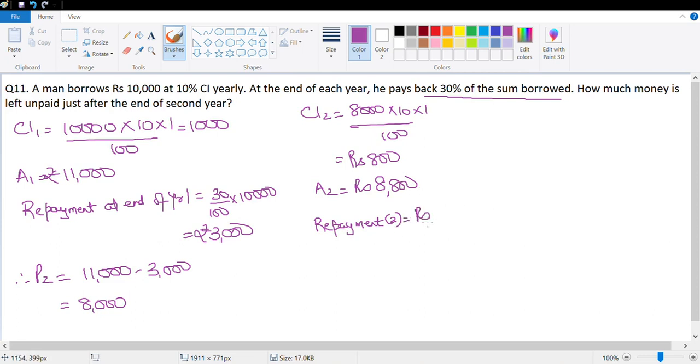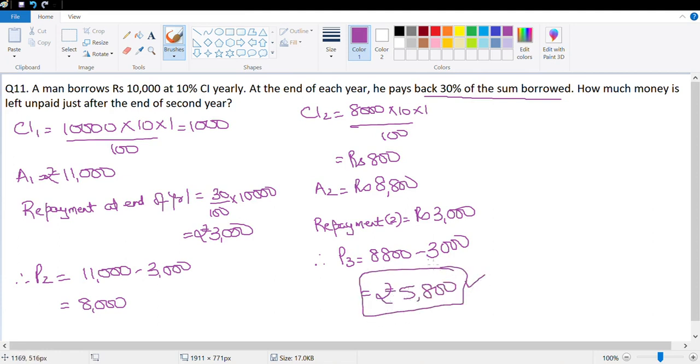That's again rupees 3,000. Therefore, principal for third year, which is basically the amount remaining at the end of second year, would be 8,800 minus 3,000, which is equal to rupees 5,800, since he's repaid the second installment as well.